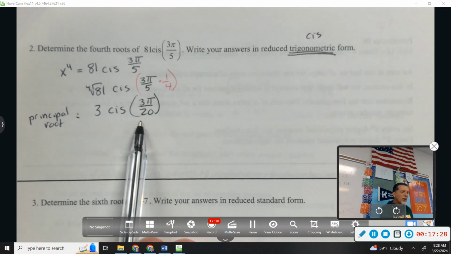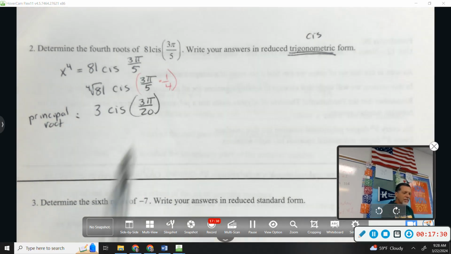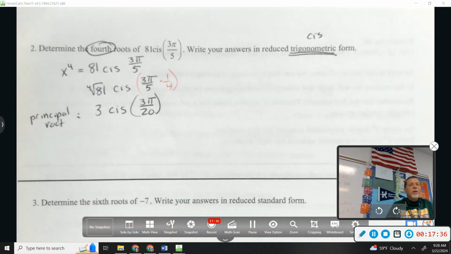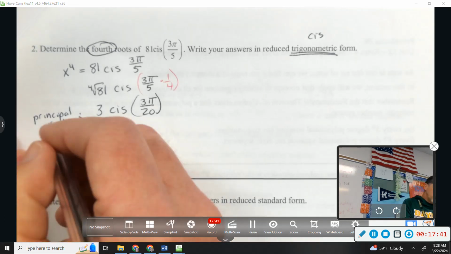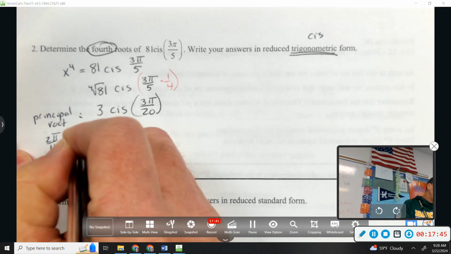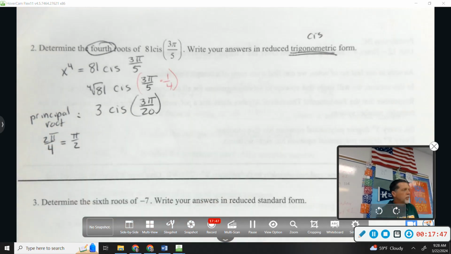Okay, so how far apart? I've got 4 roots. So where's the next one? What's the angle away to the next one? I need to go 2 pi over 4, which is pi over 2. So I'm going to add pi over 2 to get my next one and my next one and my next one.